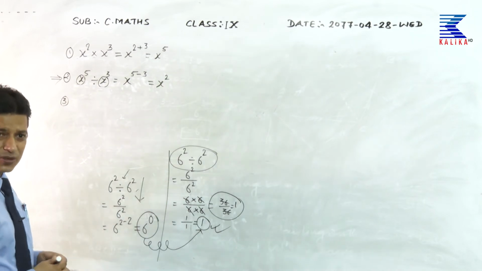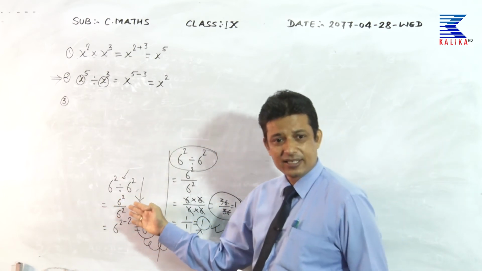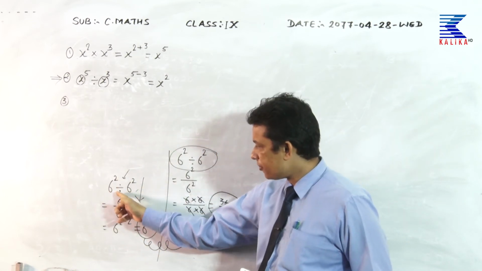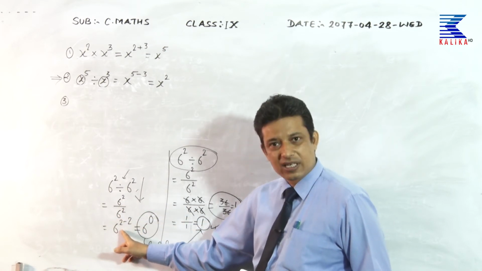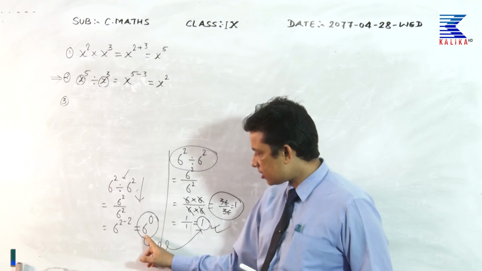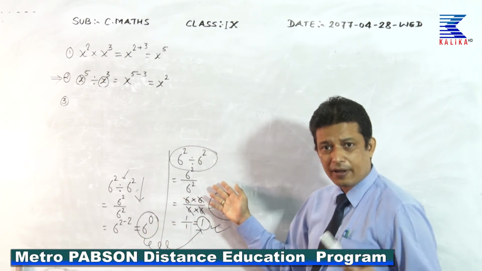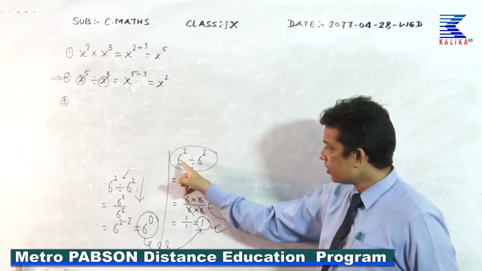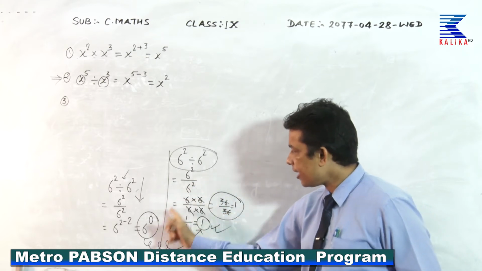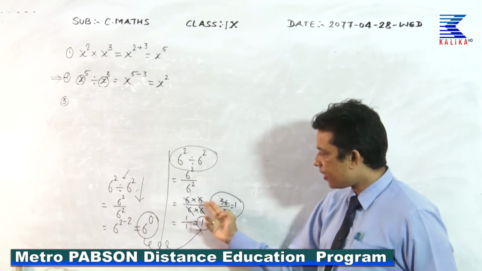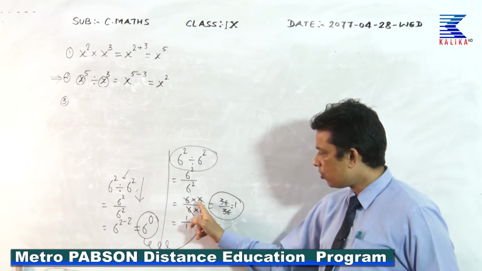Do you understand, dear student? You can see it well. This side, 6 square divided by 6 square, we used the division law of indices and got 6 to the power 0. And as per our basic concept of simplification, 6 square divided by 6 square is 6 square over 6 square. Here as well we can cut, but I expanded it as 6 times 6 over 6 times 6, we can cut up and down.